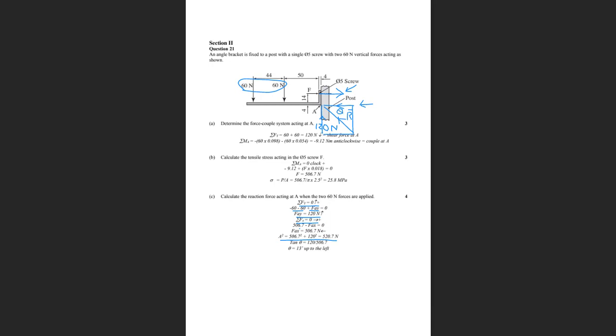Tan theta is equal to opposite over adjacent, so it's 120 over 506.7, and it works out to be 13 degrees up to the left. And that's how you find the reaction force at A due to this force and those two forces there.